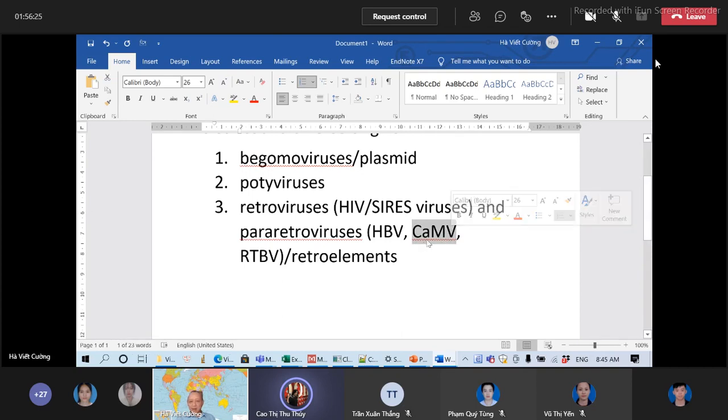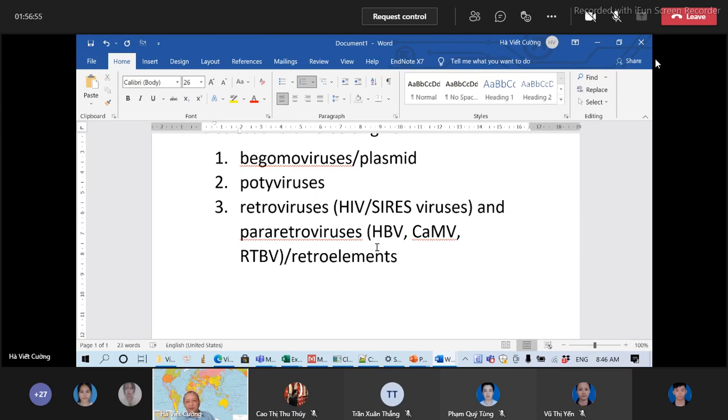The full name of CAMV is cauliflower mosaic virus, okay? Not so important in plant pathology, okay? That means it is not a so important plant virus, but very important for you if you are working with plant biotechnology, okay? If you want to set up the cassettes, the recombinant plasmid for plant transformation, okay?